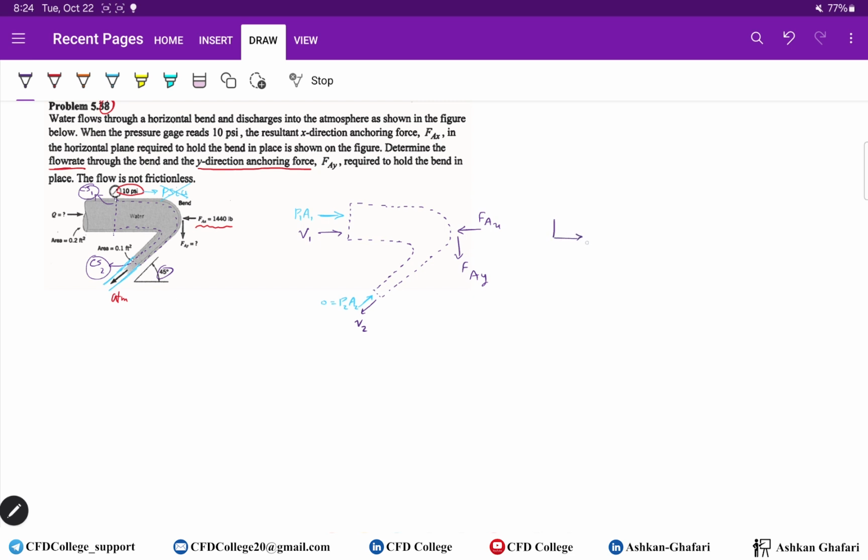It's easy. This should be x and this should be y. You can define it in a way that you want. For example, someone likes to define it this way. It's okay. It depends on you. Okay. Now the third step is to write down the linear momentum equation.